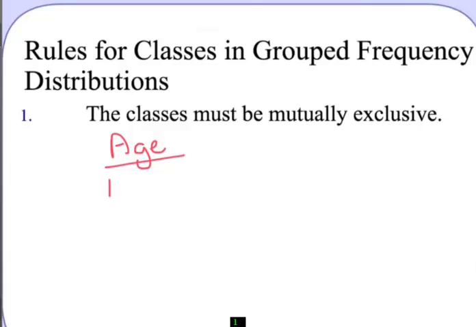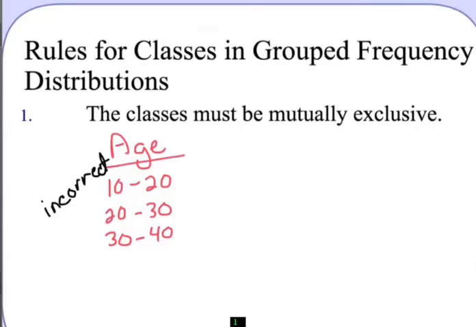And if I have the class limits 10 to 20, 20 to 30, 30 to 40, okay, I have a problem. Because if someone is exactly 20 years old, do they go in this class or do they go in this class? What it means to be mutually exclusive is they should only be in one or the other classes. So this is actually incorrect. They should not overlap like this. Okay?